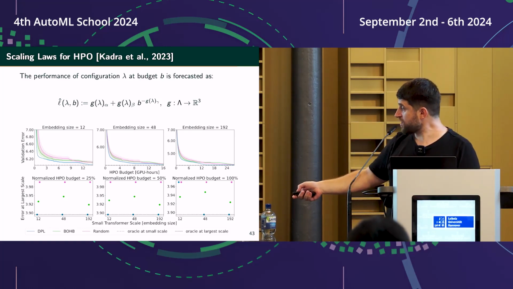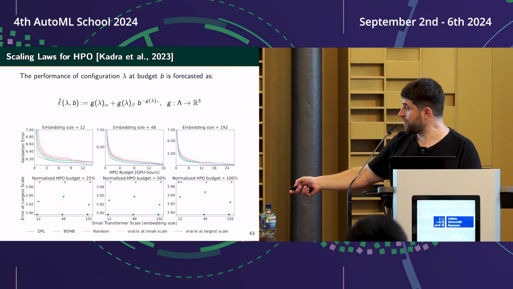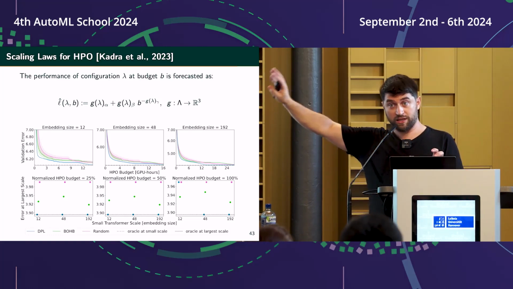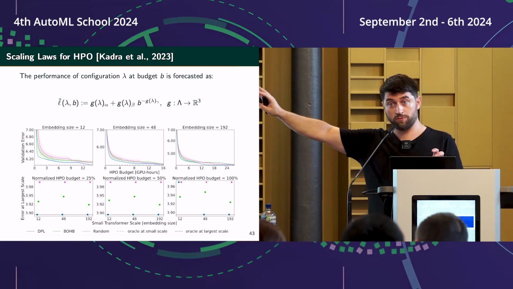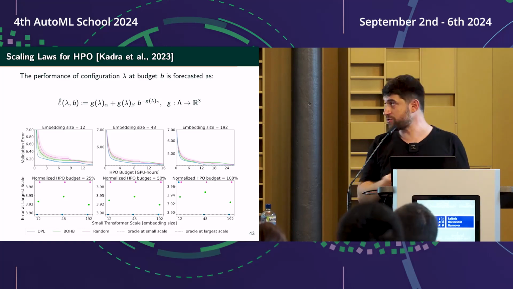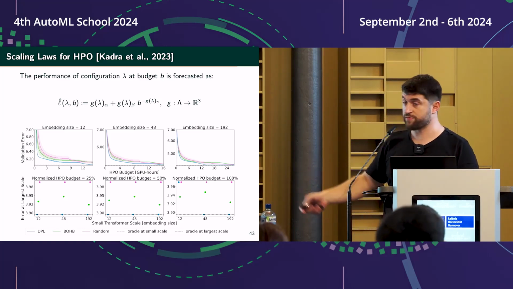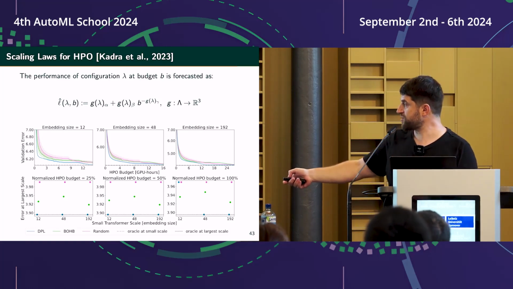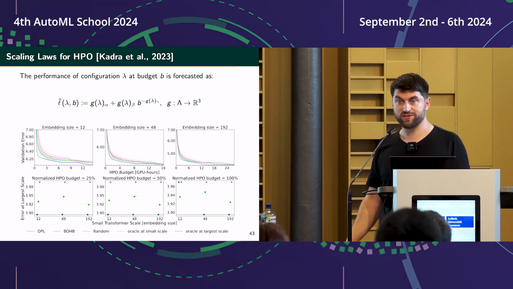And if you use that scaling law performance predictor, you can find the best hyperparameter configuration if you would evaluate that on the full budget, even if you do HPO search on something like 25% of the budget. 25% here is just the model size, considering it as a form of budget.